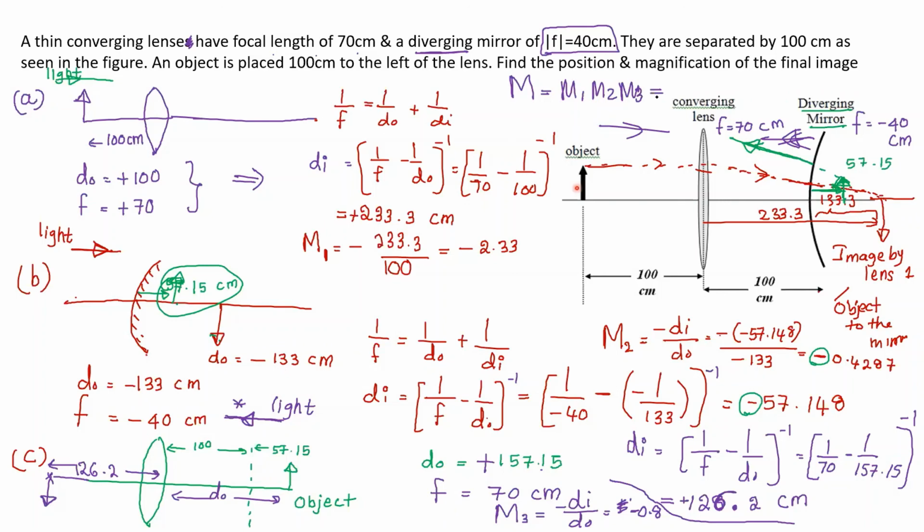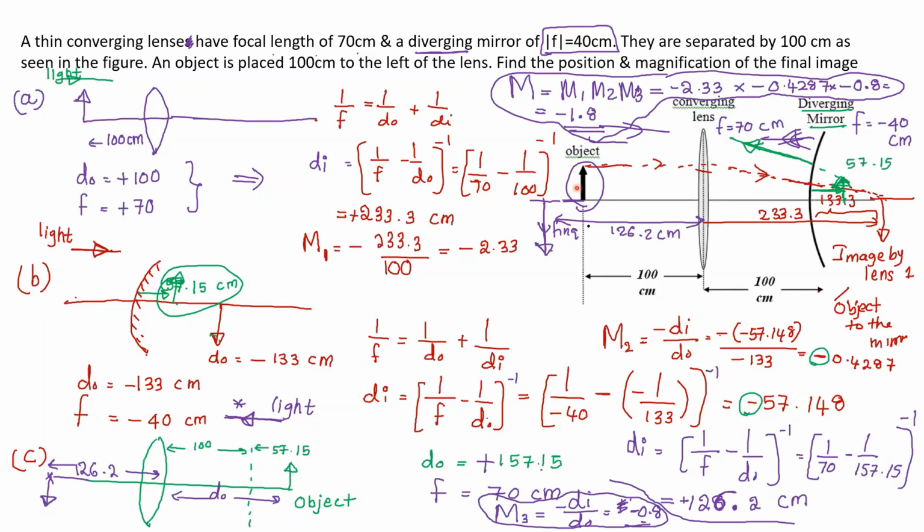So we just multiply the three M's: negative 2.33, negative 0.4287, and again negative 0.8. When you multiply these three things together, you will get 0.8. So even for this one, you should get 0.8. Okay, so that means you get a smaller image.